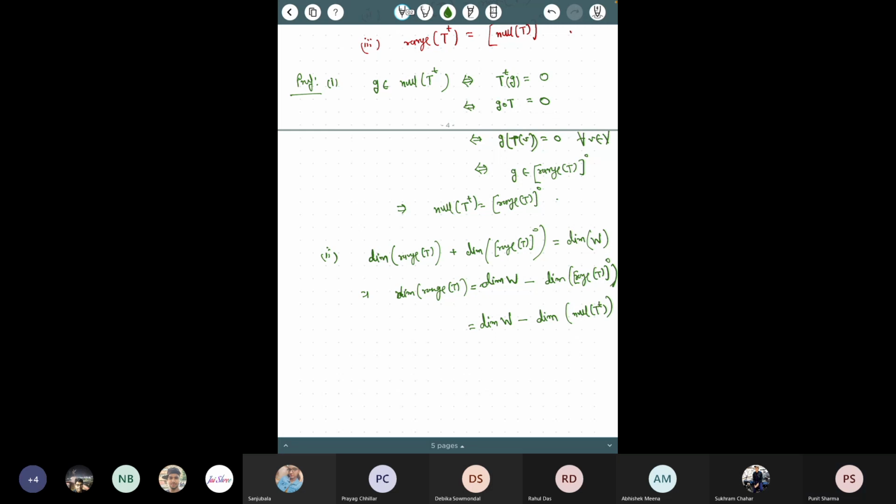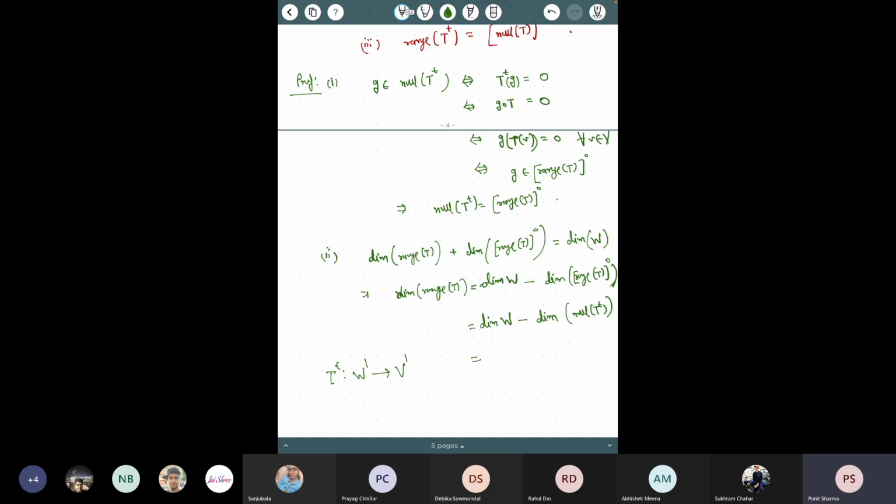But then what? Now what is it? Can I say that it is the dimension of range of T transpose? Can I apply rank nullity here again for T transpose? So T transpose is a map from W dash to V dash.